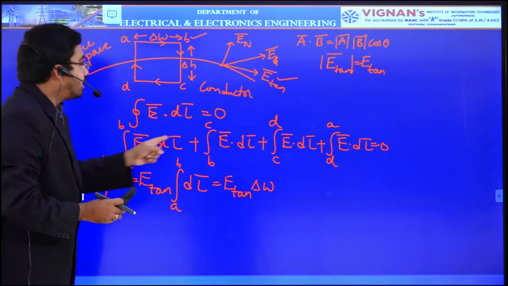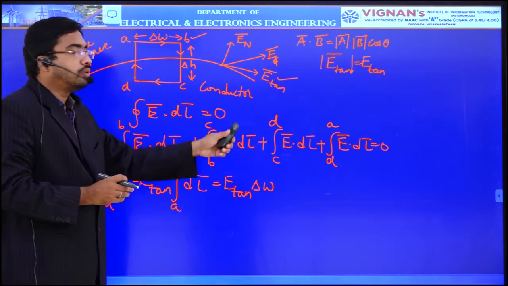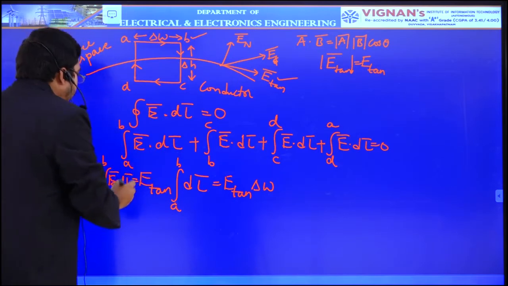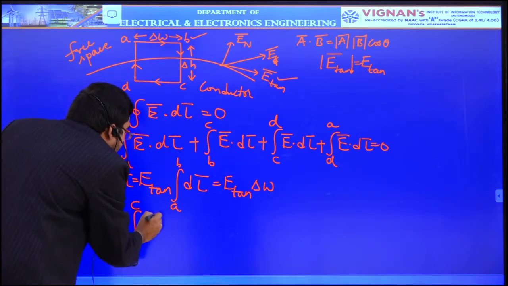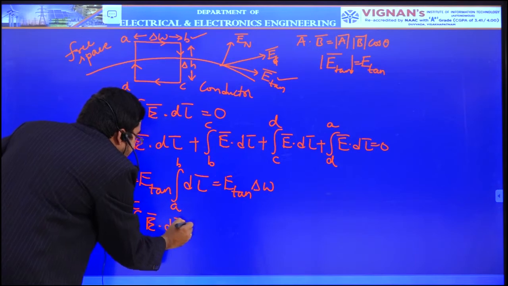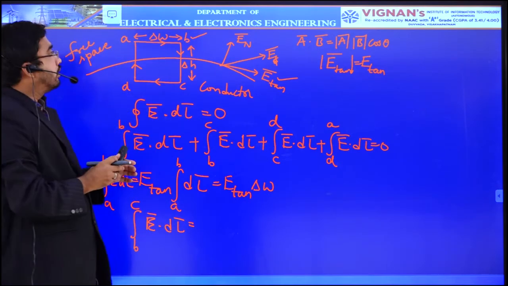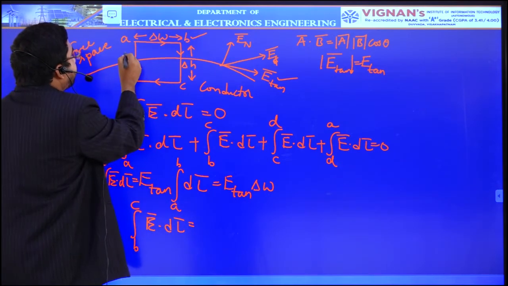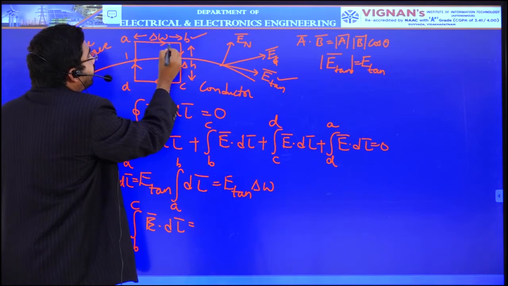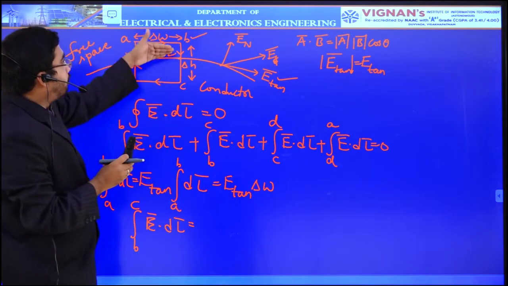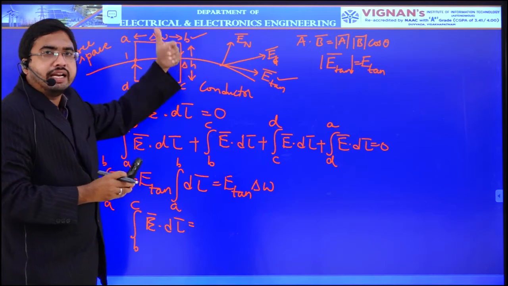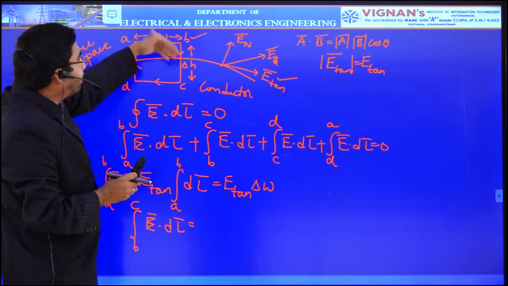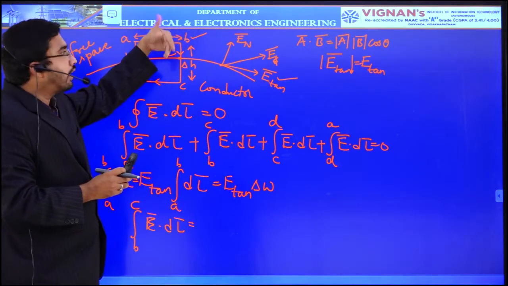What about the second integration part, from B to C, E bar dot dl bar? If you express this integral B to C, it can be split as, see, here this is the first point and this is the second point at the boundary. So below that boundary, that is inside the conductor, D and E are all zeros. Only above the boundary you can define E and other things.